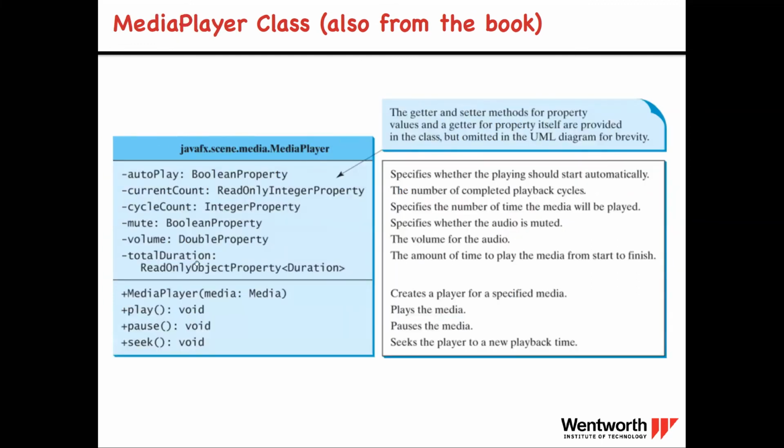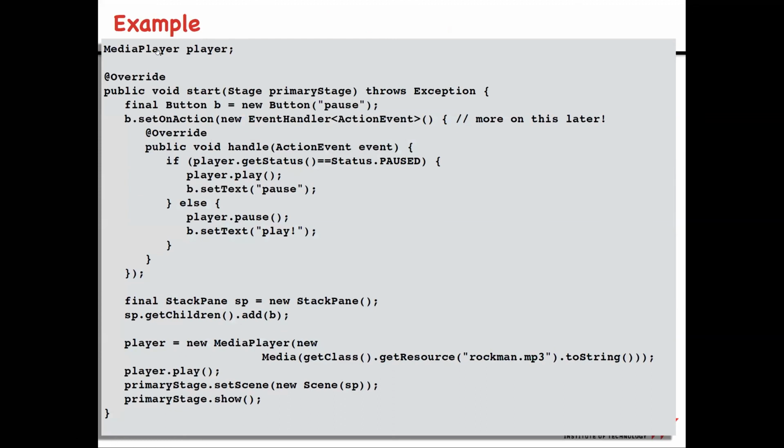The media player class is how you play things like video or audio. So, for example, it's got things like the volume and the duration and ways to play, pause, or seek as part of it. This particular version here has some interaction. This area right here is something that we will talk about later.